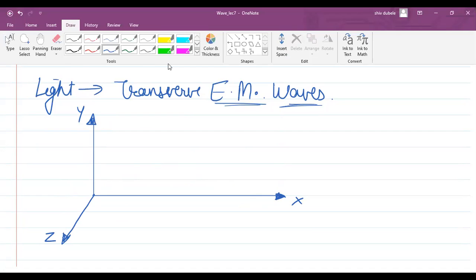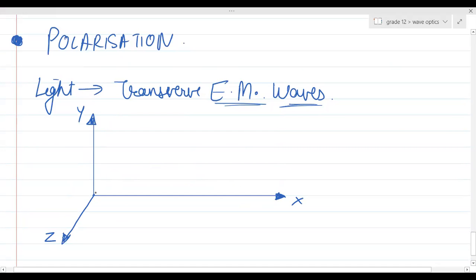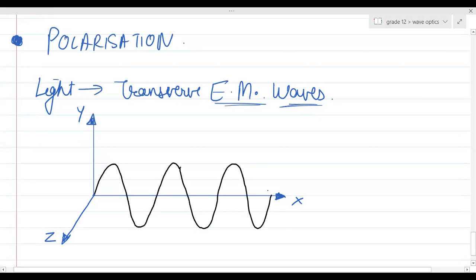Whenever you have an electromagnetic wave, there are two fields. One is the electric field. Can you see a sinusoidally oscillating electric field? E equals E naught sine of kx minus omega t.